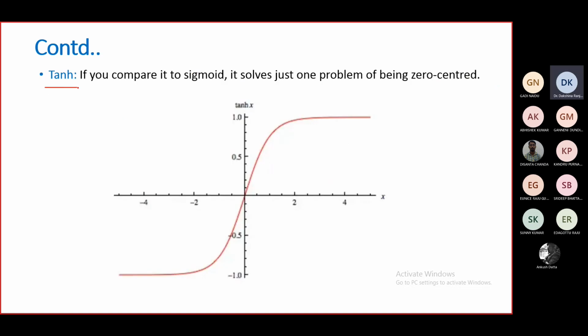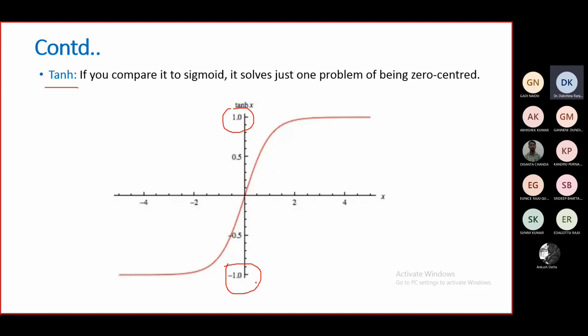The next activation function is the tanh function. This is the modified form of the sigmoid or logistic function. In this activation function, the function is zero-centered. Zero-centered means the maximum value of the output will be 1, and the minimum value of the output will be -1.